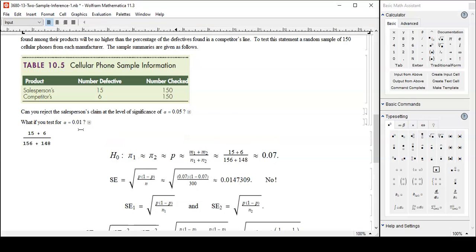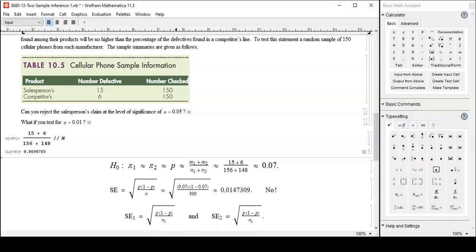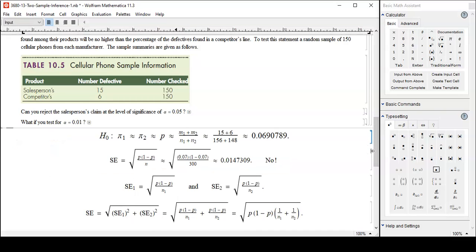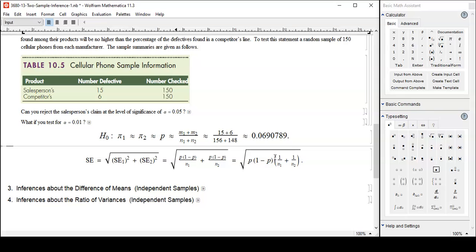What do you have? 0.069, okay. That is my new proportion now, and that's not really of use, it was just an intermediate step.